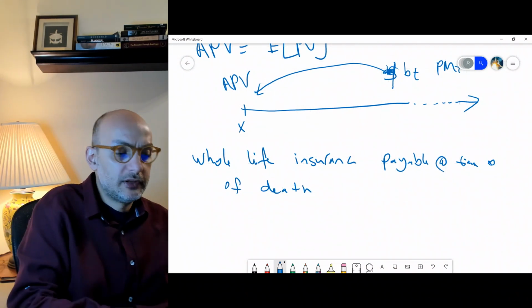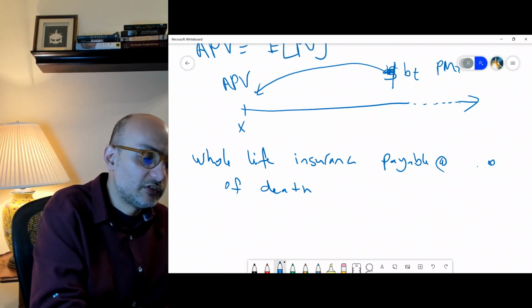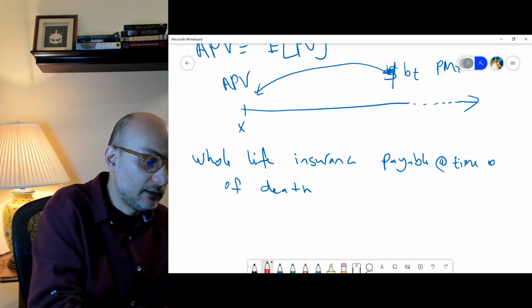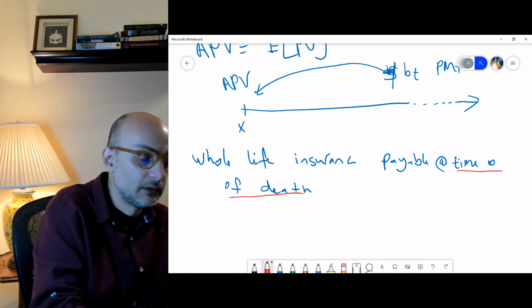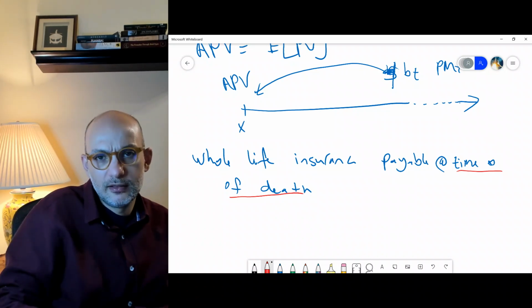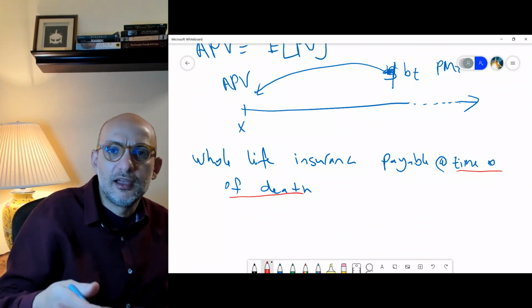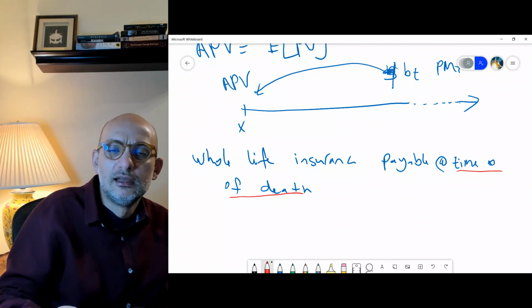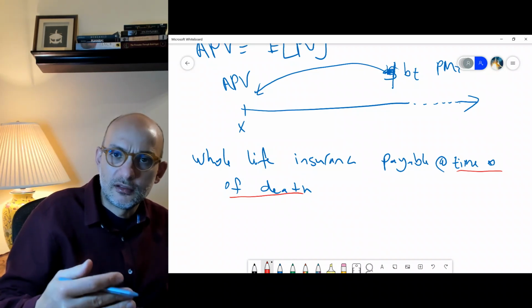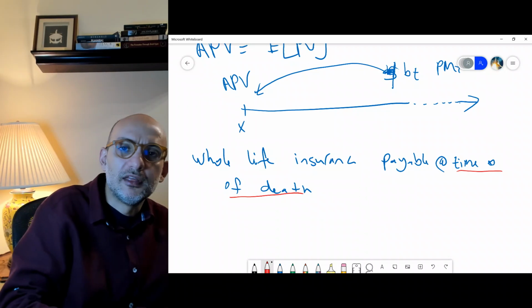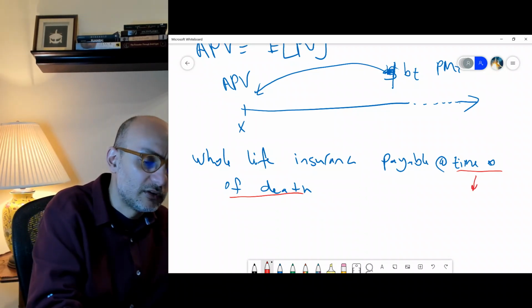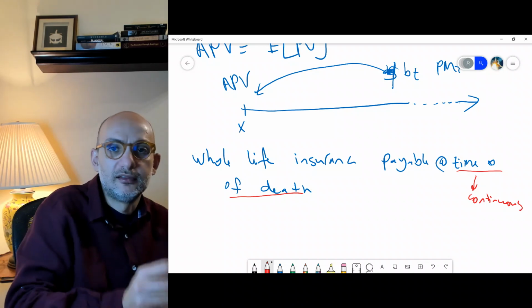It's very important to read the question carefully, because at time of death tells us it's continuous. We can also think of insurance that is paid at the end of the month in which the death occurs, or at the end of the year. But here it's time of death, so we can call it continuous. It's not discrete.